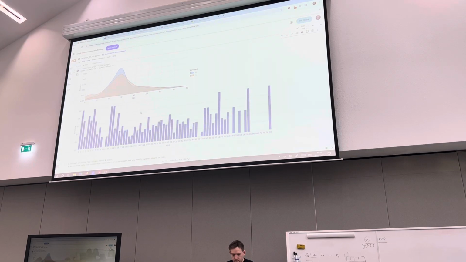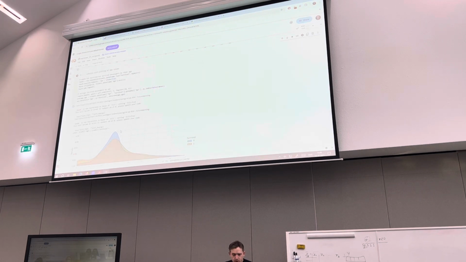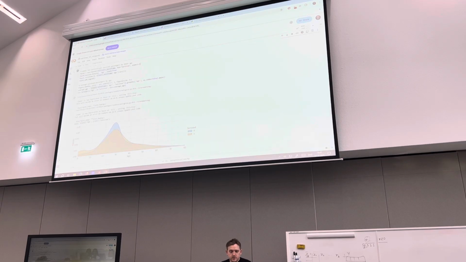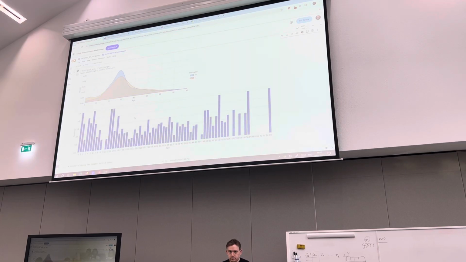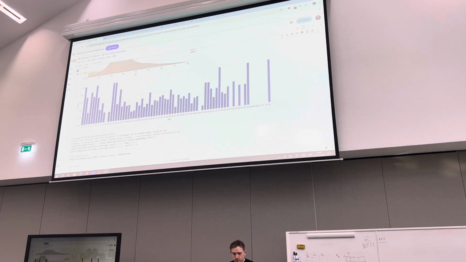In the bottom there is probability of survival versus age. Here age is discrete. So the first one was the facet grid. The second one was the bar plot. Well, this is just an illustration of what we can do with this plotting library.